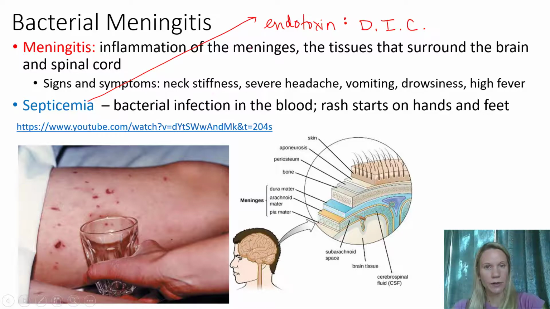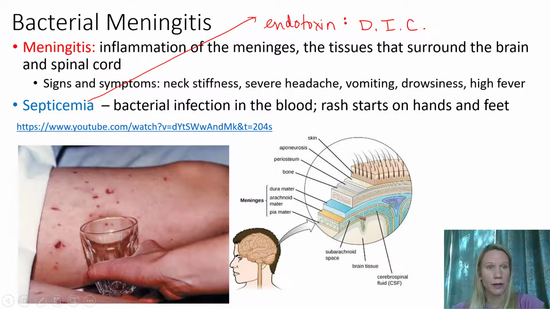The problem is if you experience these flu-like symptoms and the stiff neck, and you do just go back to your house and try to sleep it off, it's very possible it'll progress to the septicemia. So the septicemia is when you see this purple rash start to form on your hands and feet, and that is very dangerous because as a result of that, remember, endotoxin can also cause shock and multiple organ failure and then death.